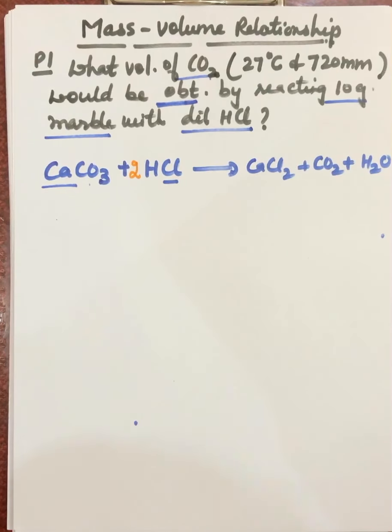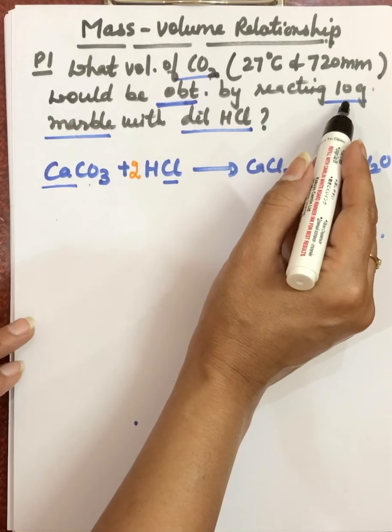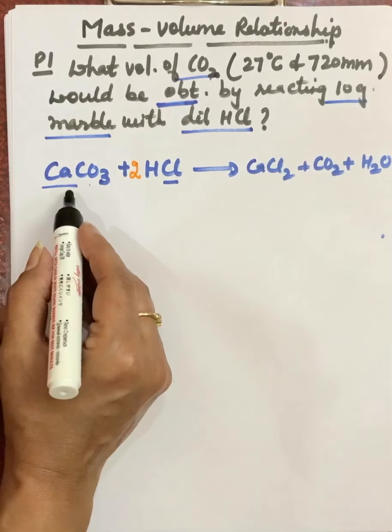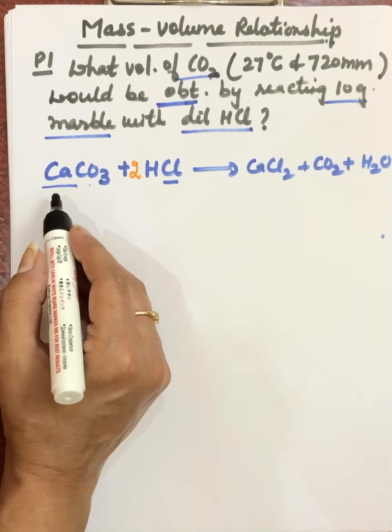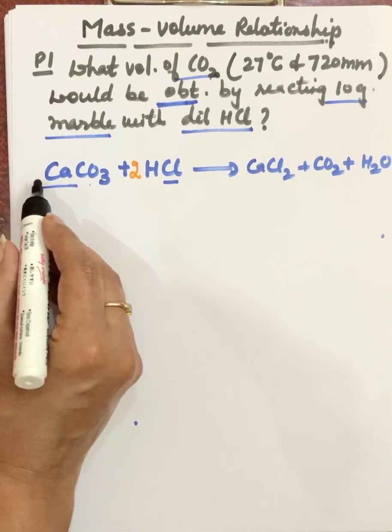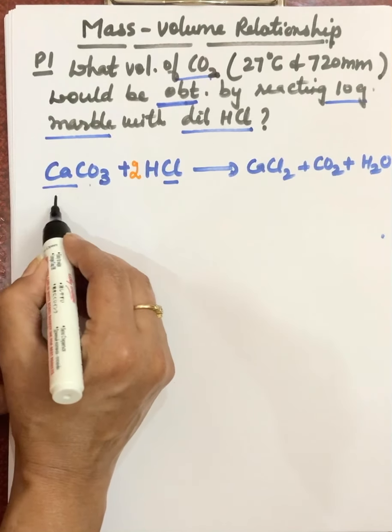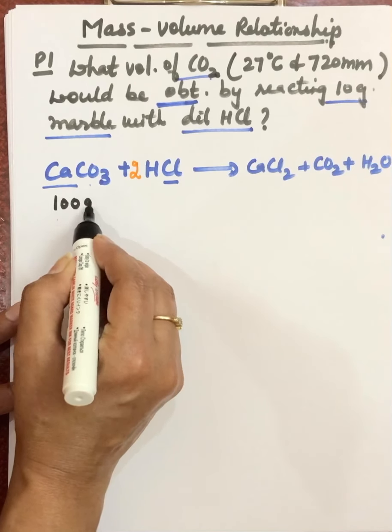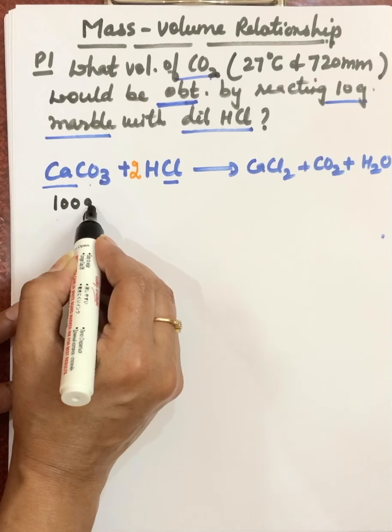Now what they're talking about in the statement, for marble they are saying 10 gram. That means they're talking about the mass of calcium carbonate. In the balanced equation, calcium carbonate is 1 mole. 1 mole is equal to gram molecular mass. Calculate the gram molecular mass of calcium carbonate. This comes out to be equal to 100 gram.